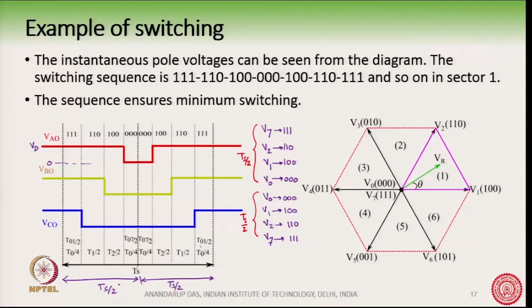So, if we see the pole voltages, we can see that 1 1 1 you have for the first T01 by 2 period, which is actually equal to T0 by 4 period, because in this example T01 is equal to T07 is equal to T0 by 2.